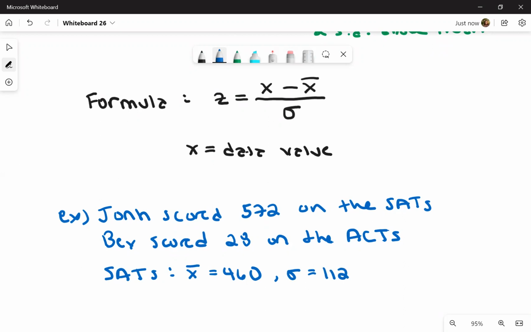So that's how the scores lay out on the SATs. And for the ACTs, the mean is 18 with a standard deviation of 5. So that scoring system is a much lower scoring system compared to the SATs.